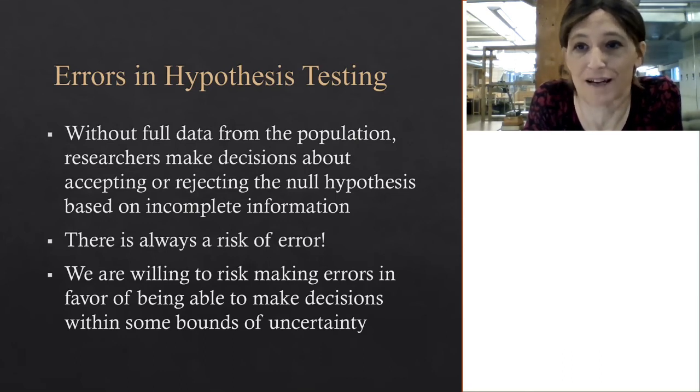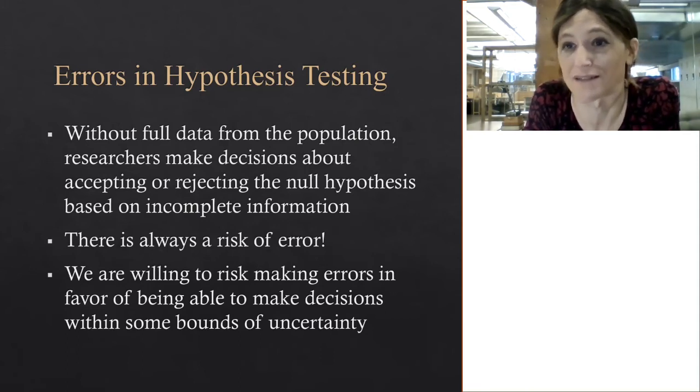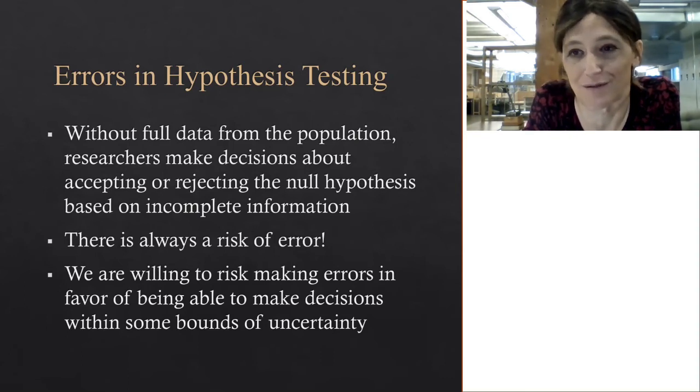So without full data from a population, researchers have to make decisions about accepting and rejecting the null hypothesis based on incomplete information. If we had access to information on everyone, we wouldn't need to do studies. We wouldn't need to create samples. So there is always some risk of error, and we allow for that in scientific research.